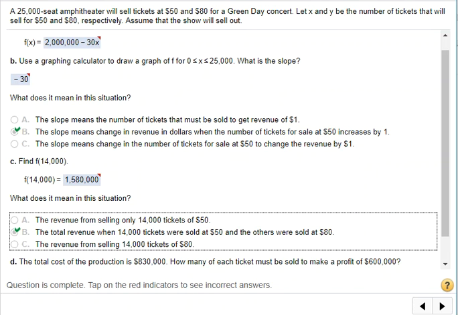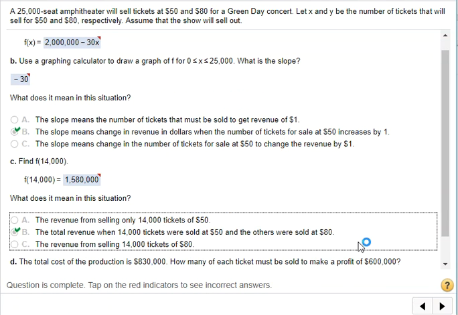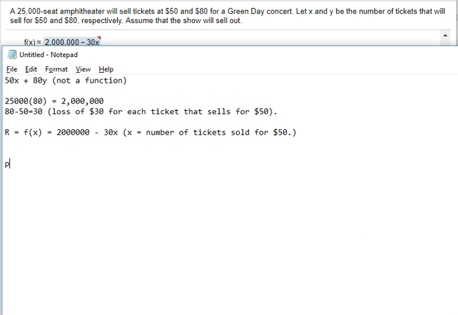Let's see if we can work this one out and match part D. The profit is $600,000, let me look back. Yep, $600,000, and cost is $830,000.